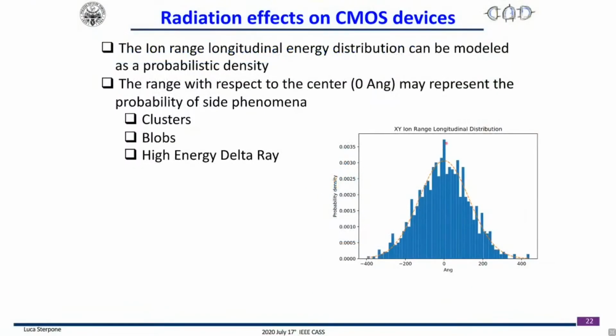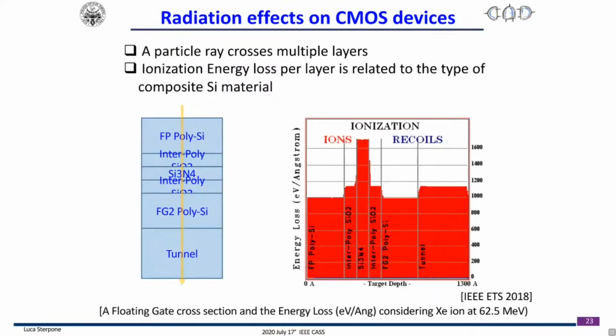So you can mimic the probability density of a particle. For example, here I make the hypothesis that the ray of the particle is here in the center, and the energy is decreasing following this distribution, okay? And this helps the modeling of the particle propagation with respect to the position of the memory cell, for example.